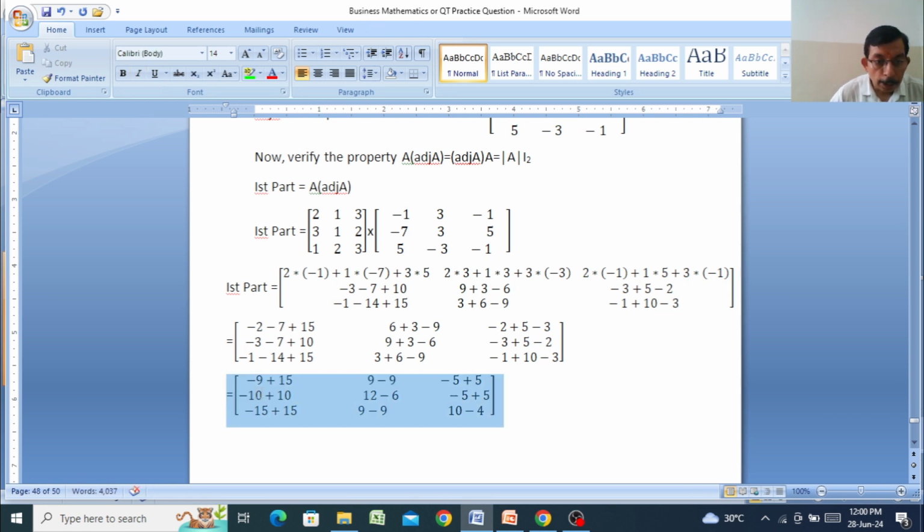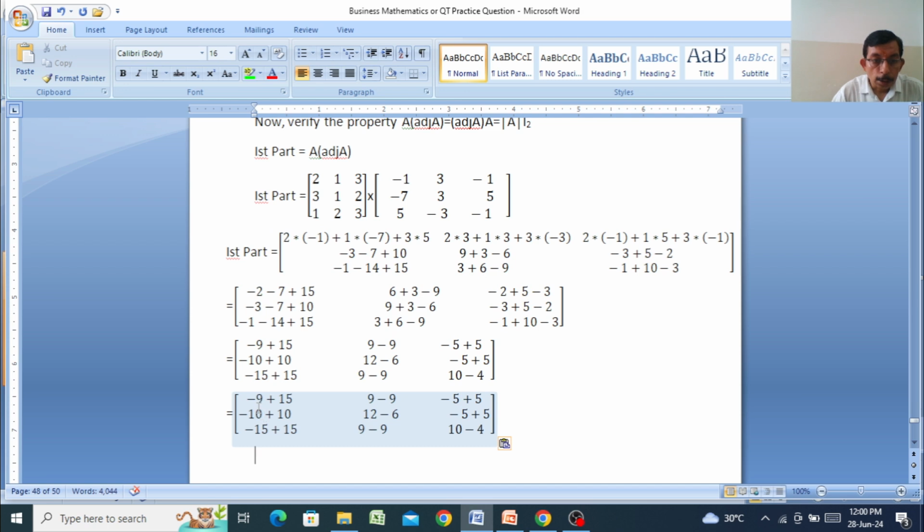Now simplify in the next step. The value of -9 plus 15 is 6. Note down 6. 9 minus 9, 0.